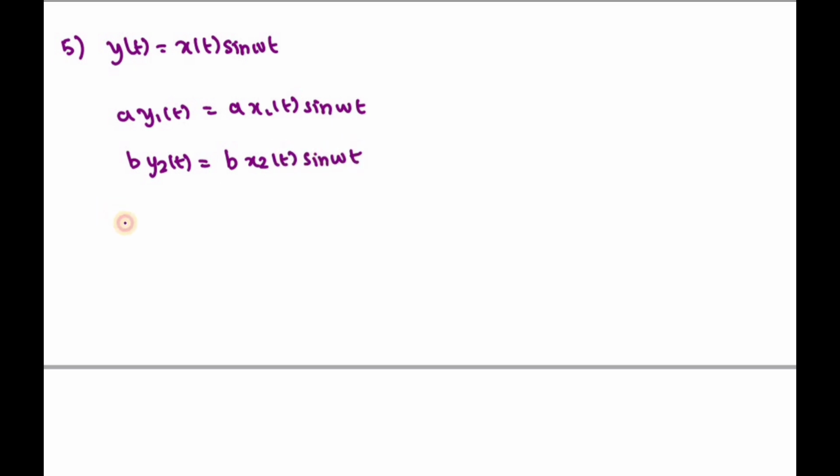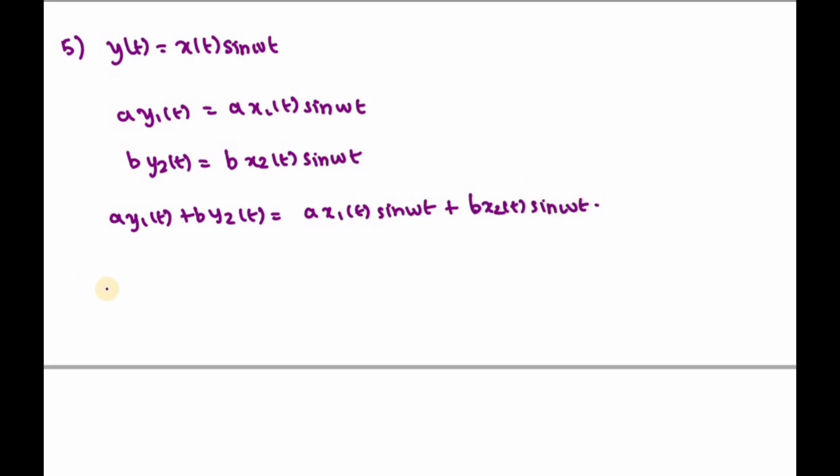So if you have a y1 of t plus b y2 of t, I will get a x1 of t sine omega c t plus b x2 of t sine omega c t.